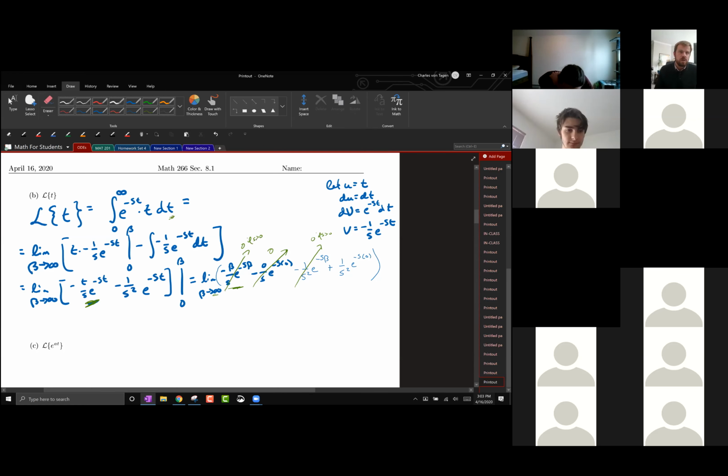Otherwise, it goes to infinity, in which case we have no interest in that expression. Okay. And so we're left with just 1 over s squared. So a lot of work to show the Laplace transform of t is 1 over s squared.